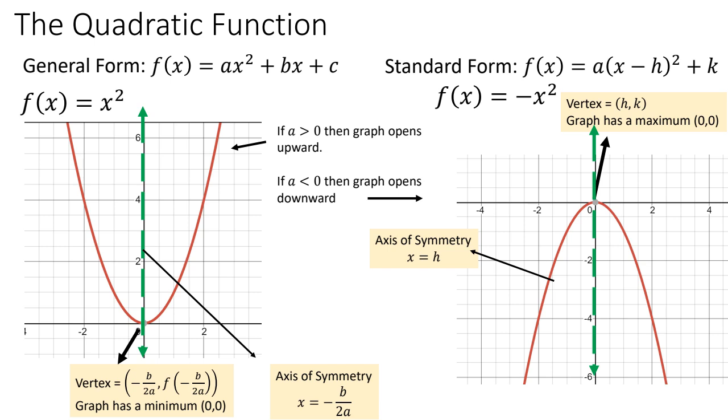Okay. If you see here, when we dealt with quadratics in chapter 1, we know that they had y-axis symmetry, but now we can actually say that this y-axis symmetry can be represented as an imaginary line, okay? And we call this our axis of symmetry. Our axis of symmetry is the x value of the vertex, okay?